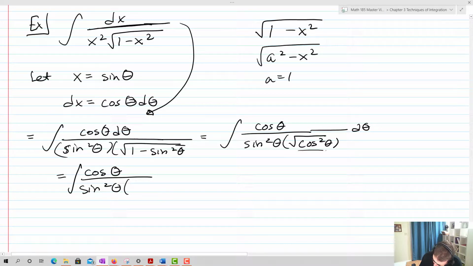Now that I take it out of the square root, this will be just cosine theta d theta.